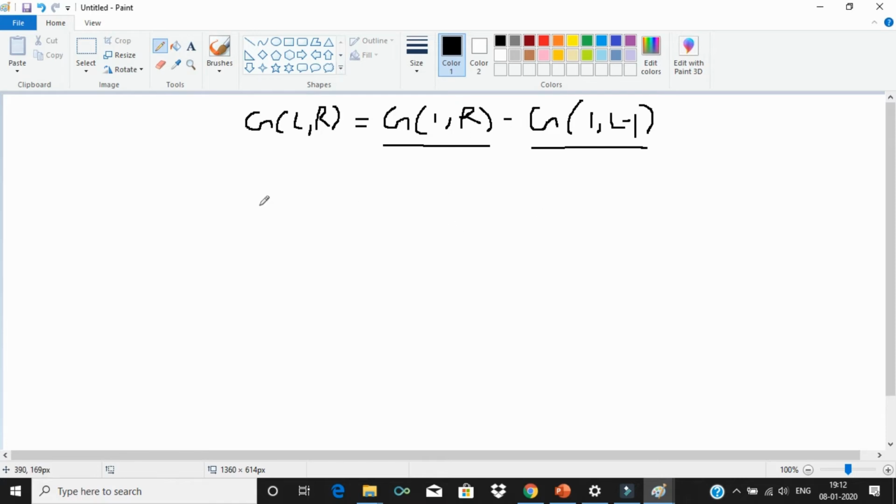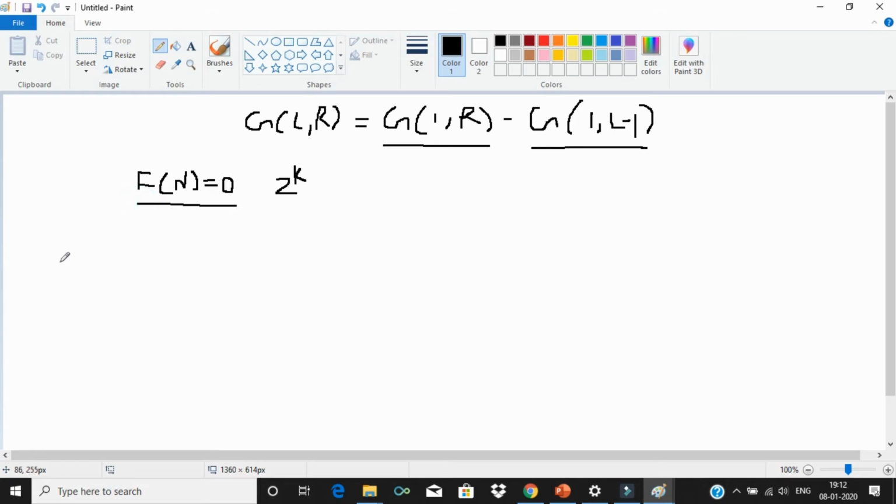All right, so now further simplification can be done. For now we will consider that f of n will be 0 for those cases where n can be represented as 2 raised power k. Actually it will be -1, but for now we are just considering it to be 0.